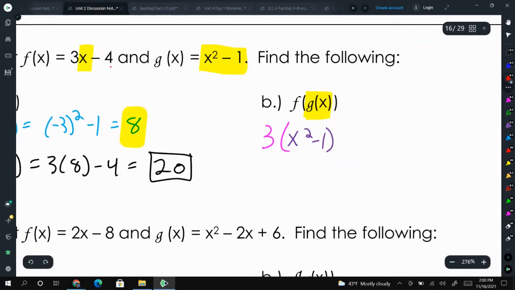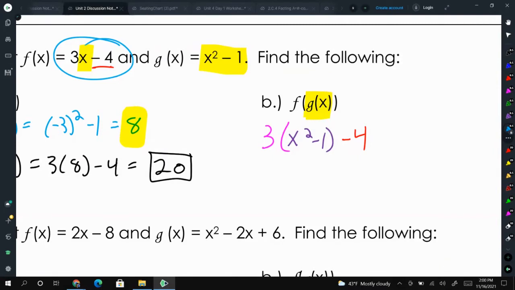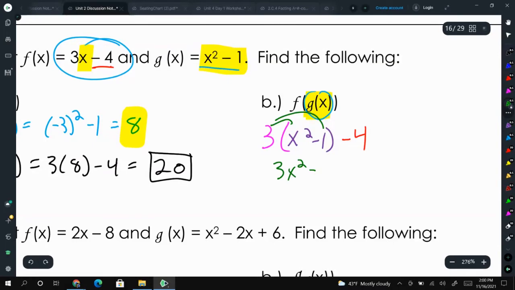And people will sometimes forget to write the rest of the f of x equation. You have minus 4. Make sure you have that minus 4. So I rewrote this 3x minus 4, but instead of writing x, I wrote the whole g equation, because it says g of x on the inside. So when I distribute, I get 3x squared minus 3 minus 4, which is equal to 3x squared minus 7. And that's my answer.